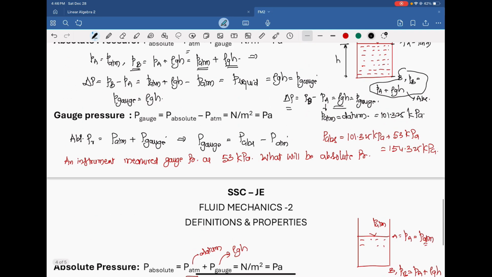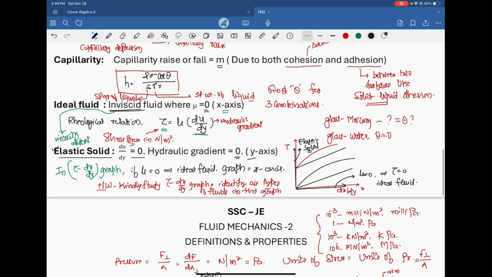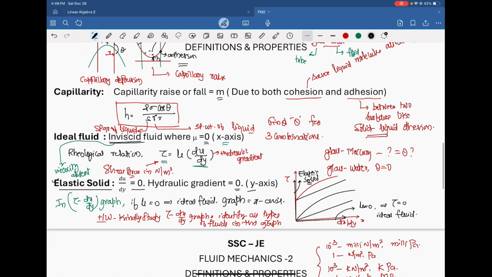Almost 4 questions in 10 seconds we could complete by knowing the properties of the fluids, and they are all very simple, but only thing is that you should know the concept.